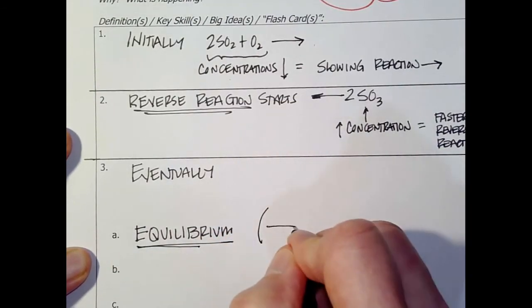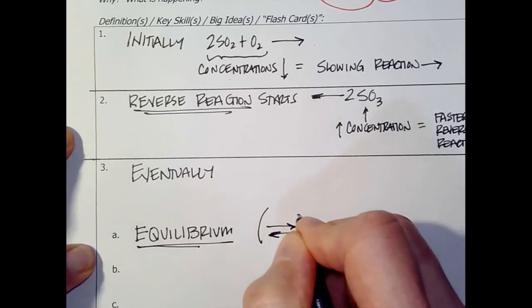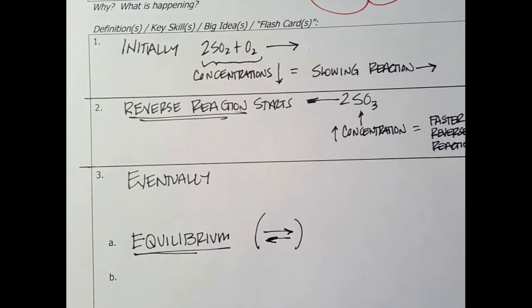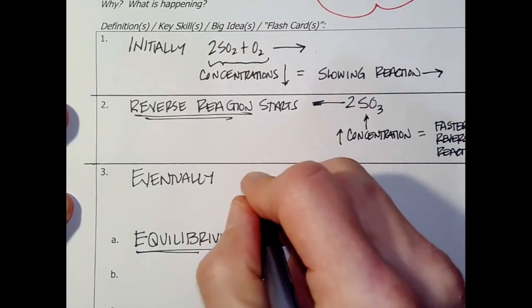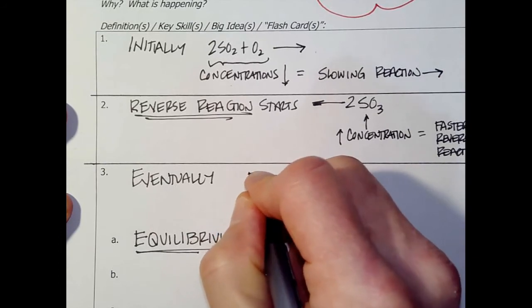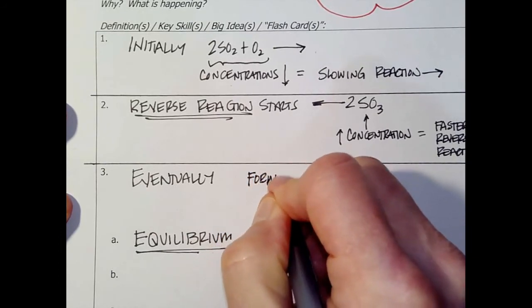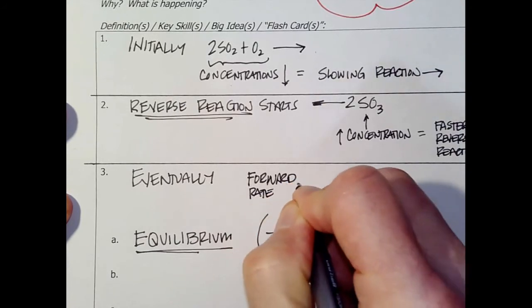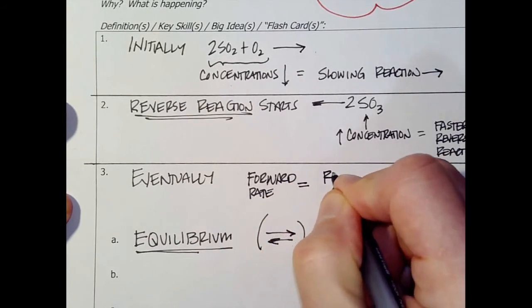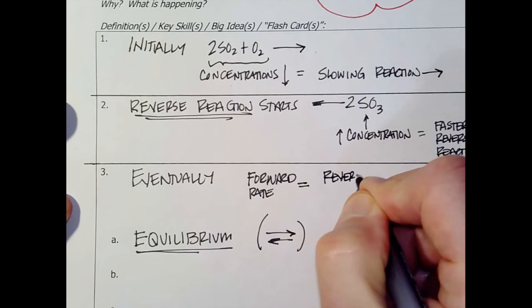Sometimes we draw it like this, meaning there's a forward reaction happening and there's a reverse reaction happening. And what's really going on is the forward rate equals the reverse rate.